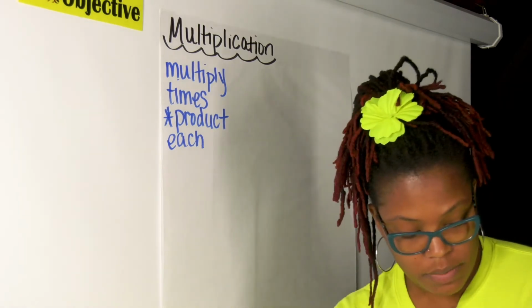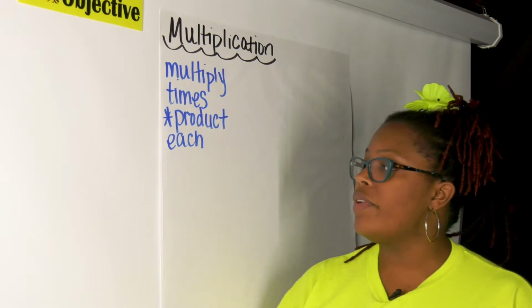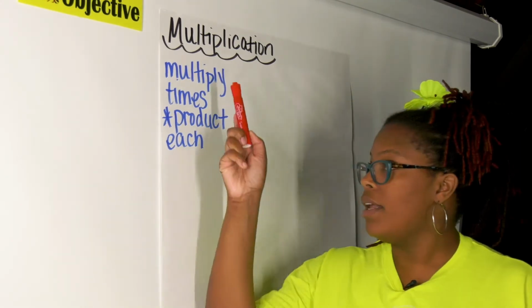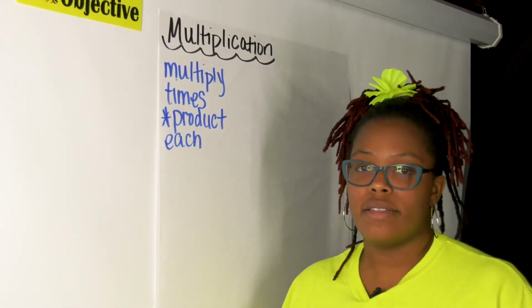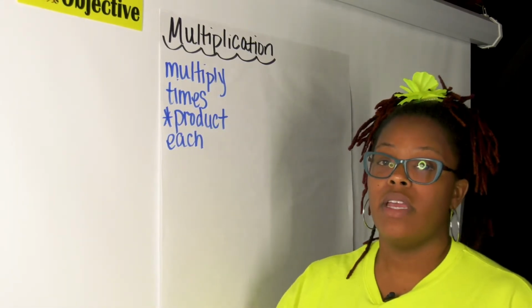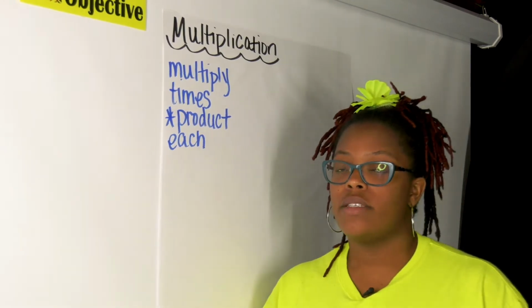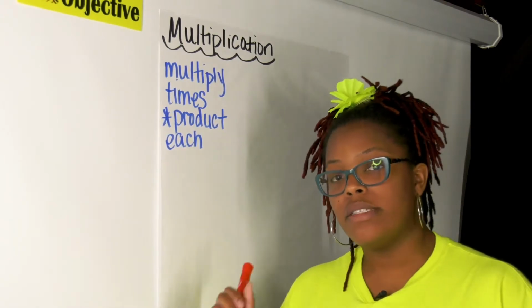So first I want to begin by saying it's very important that you learn your multiples. And that's another word that you may hear, multiples. So if I ask you what is 6 times 7, you should quickly be able to say 42. So you need to learn all of your multiples from 1 to 12.